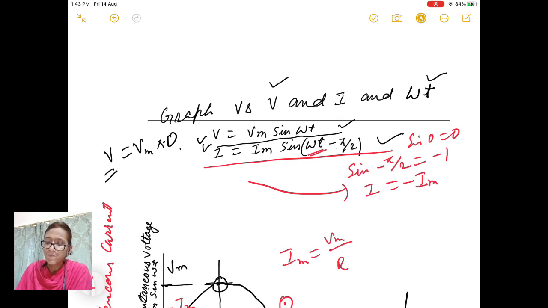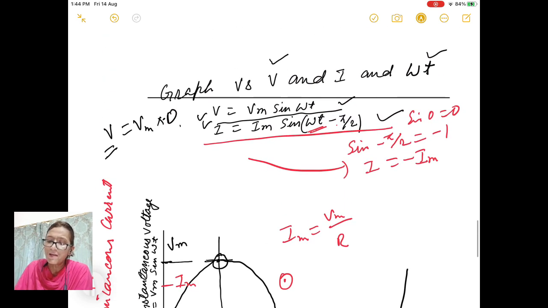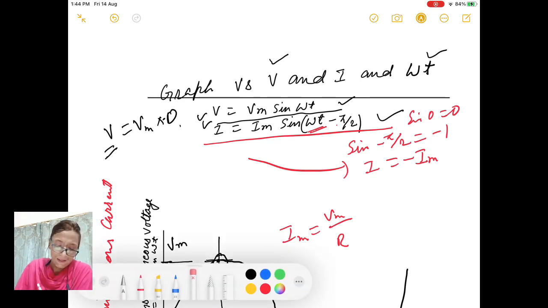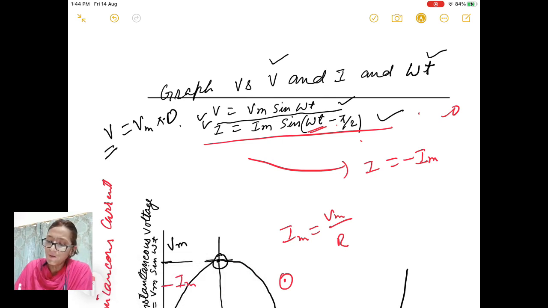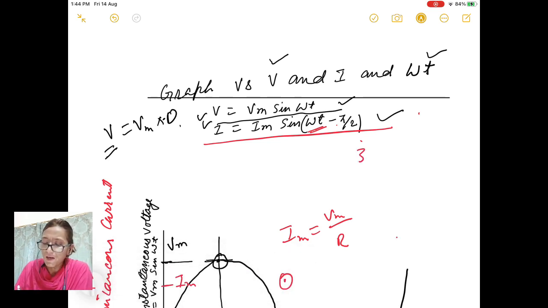Now next, when omega t is 3 pi by 2, so when you put here, let me erase these all. So here we take omega t as 3 pi by 2 and minus pi by 2.